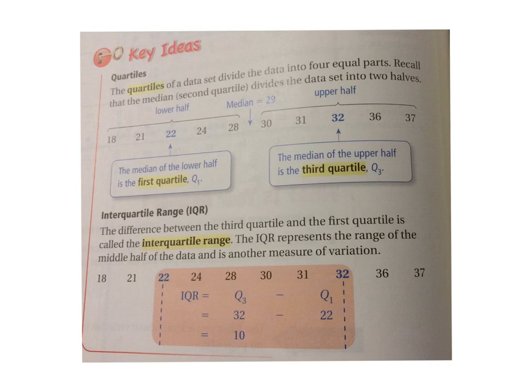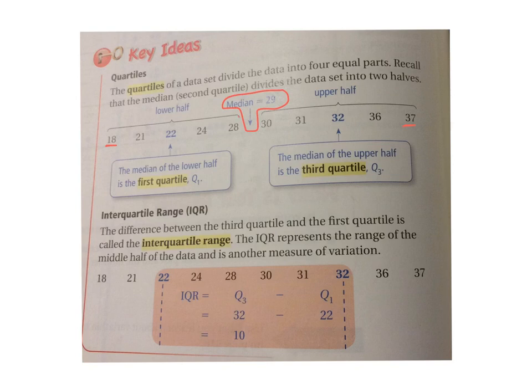So in this example, the data set is ordered from least to greatest. It starts with 18 and ends with 37. So we have to order our data from least to greatest. Once we did that, we found the median. The median was 29, and that would also be called Q2.